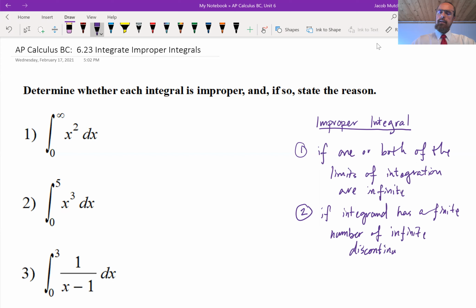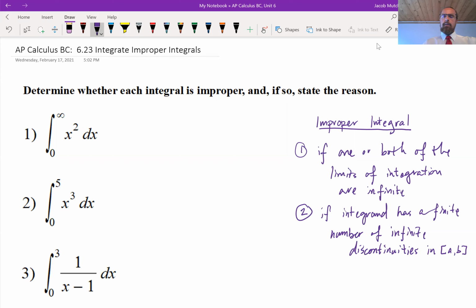So if an integrand shows this finite number of infinite discontinuities in the closed interval from a to b, we would say it's an improper integral. Or if one or both of the limits of integration are infinite, we would say it's an improper integral.